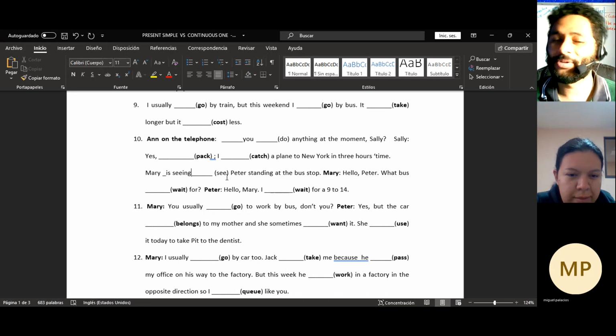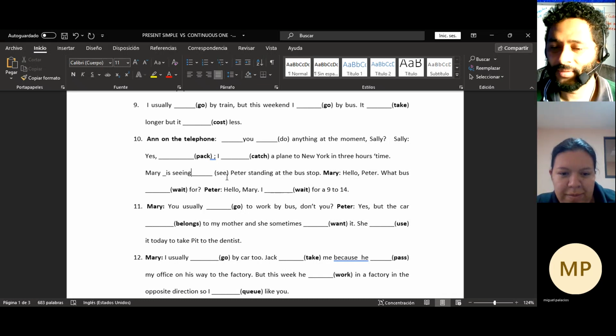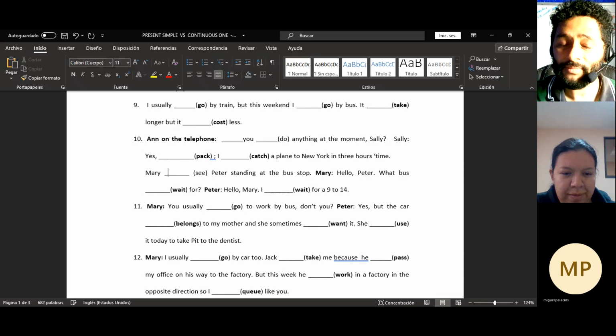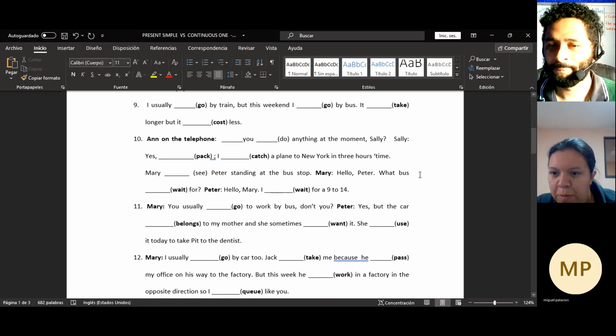Entonces, hay ciertos verbos, bueno, de aquí desprendemos esto. Hay ciertos verbos que no se pueden poner en la forma de ing, porque haces una de dos, o simplemente no se puede, o les cambias el significado, como see. Si tú pones see, es encontrarse con alguien. Ahora, esto le llaman stative verbs. Es decir, son verbos que por lo general hablan de estados mentales.